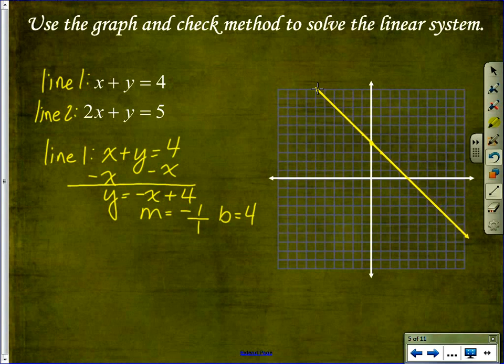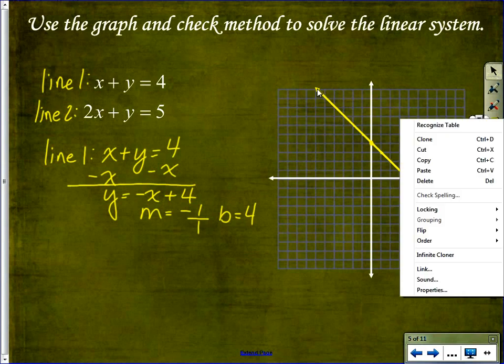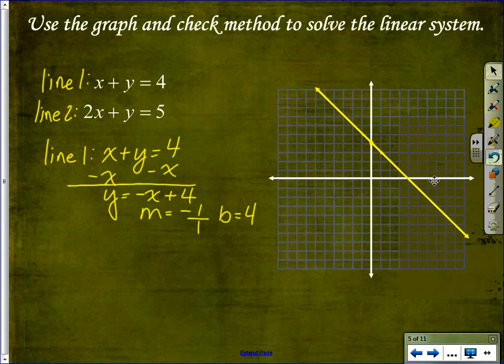When you're graphing this, it is very important to make sure your lines are straight and go through where they're supposed to go through when we're doing systems, because the answer is where the two lines cross.